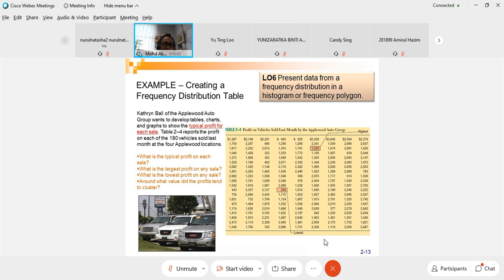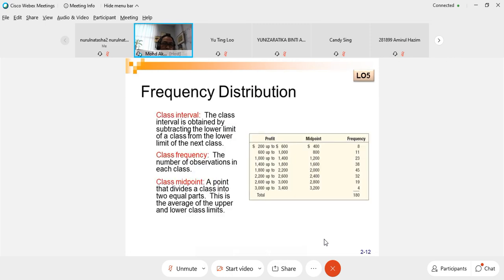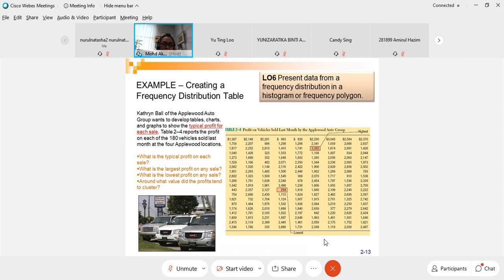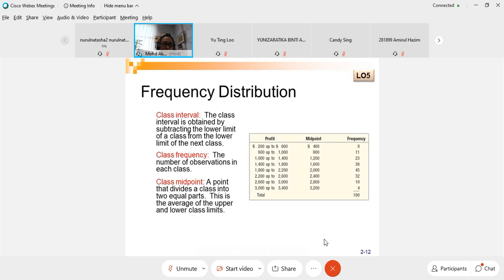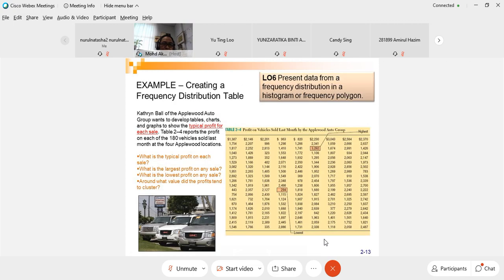Now we have raw data. This raw data we need to develop into the frequency distribution. So we want to develop what the frequency distribution is.